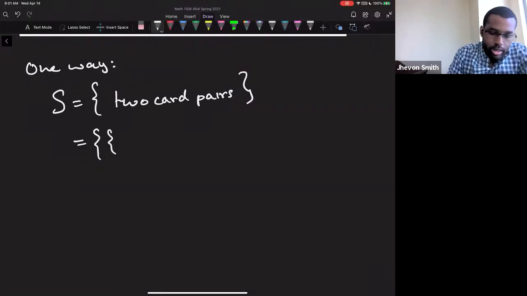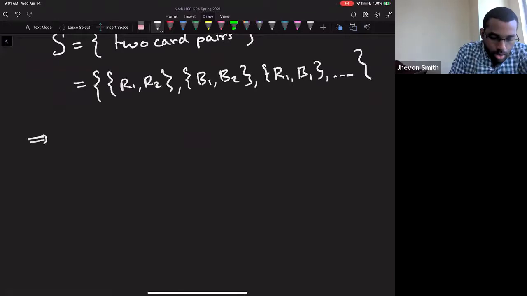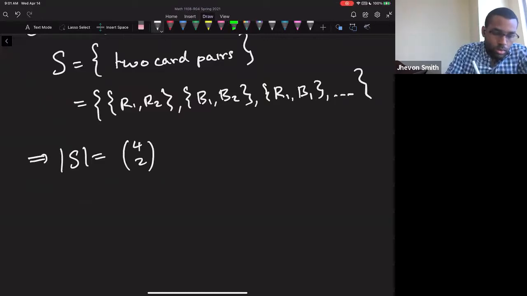So you're imagining that there's a first red and a second red, or there could be a first black and a second black, or I could choose one of the reds and one of the blacks, right? And so when you're counting sets within a set, that uses combination. So this means that your size of the sample space is going to be 4 choose 2. Or something like that, right? And what do you get here?